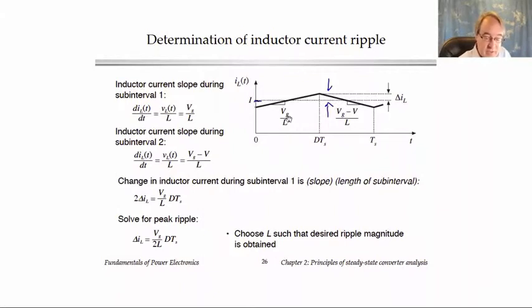If we simply take the slope, which during the first interval is Vg over L, multiply it by the length of the interval, dTs, that gives us the peak-to-peak ripple, which is 2 delta IL. And we get this expression. We can divide by 2 and find the peak to average ripple delta IL, and we get this equation, which we can use to select the inductor to get a given ripple if we like.